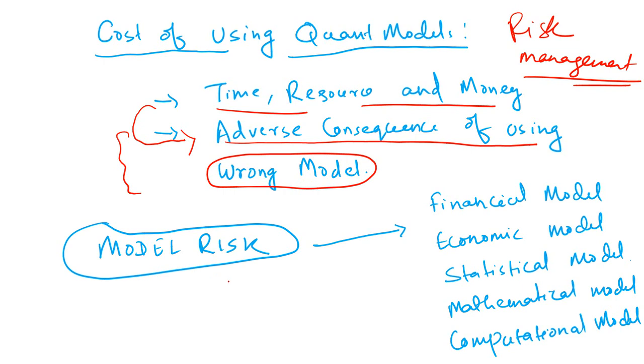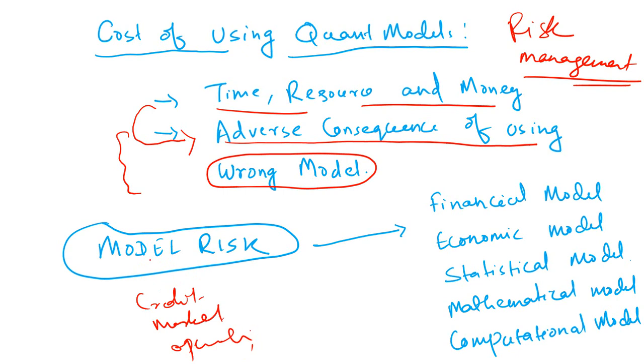Hence, what is important to learn, in this particular session and in the subsequent sessions, is the model risk. That means the risk involved with the model itself. Now, if you are familiar with financial service industry risk practices, you might have come across credit risk, market risk, operational risk, country risk, and so on.